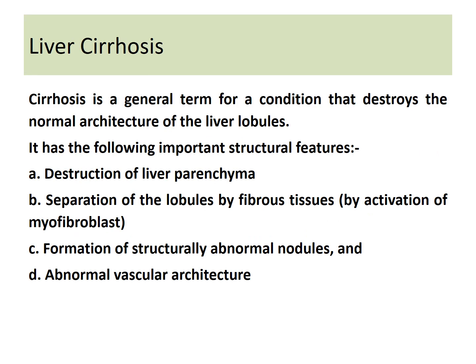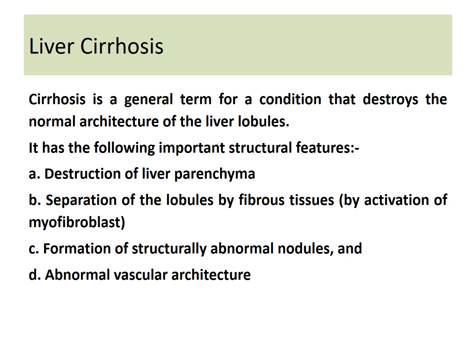Now, we start with the second topic in our lecture, which is liver cirrhosis. Cirrhosis is not a disease by itself. It is the end result of many conditions that destroy the normal architecture and normal histology of the liver lobules.